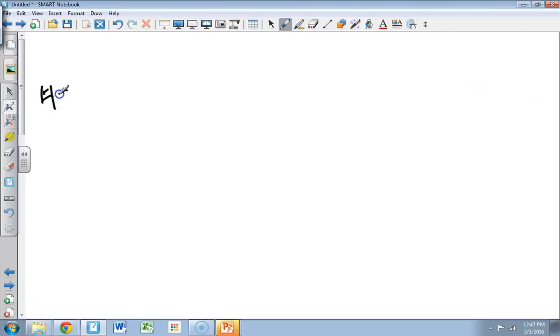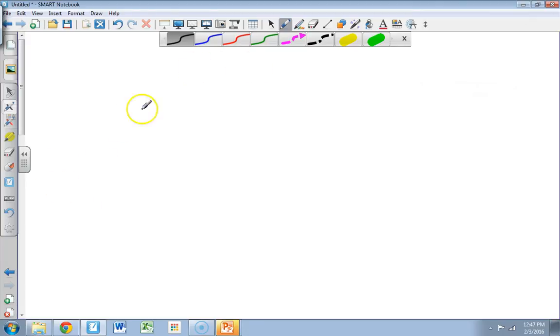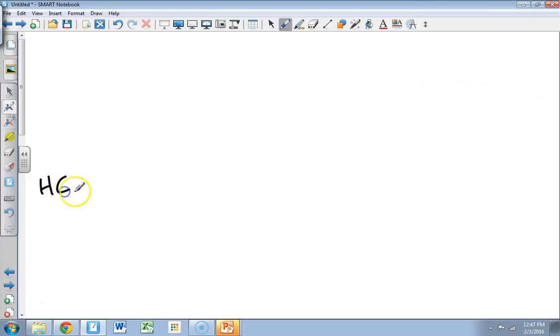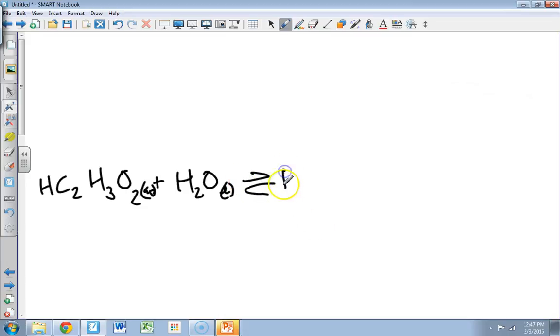HC2H3O2. Okay, so I'll do it down here. HC2H3O2 plus H2O, and this is aqueous, this is a liquid, is in equilibrium with H3O plus and C2H3O2 minus.